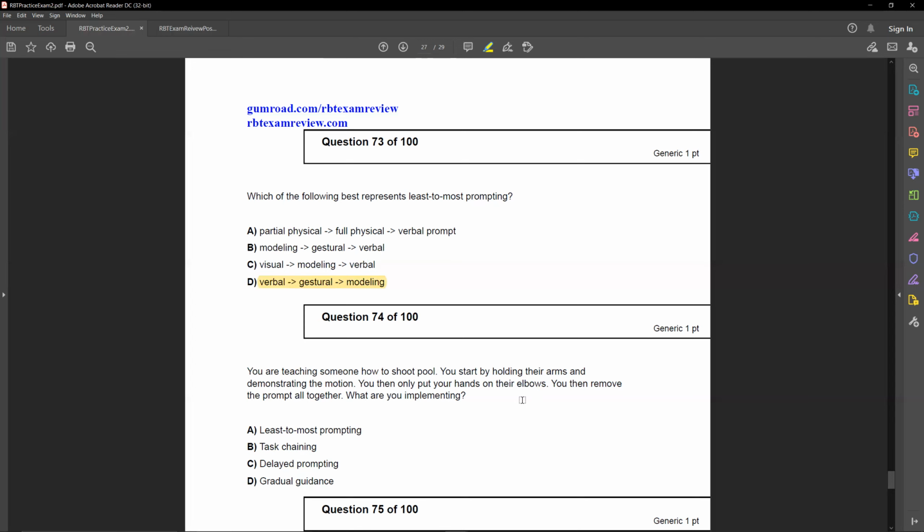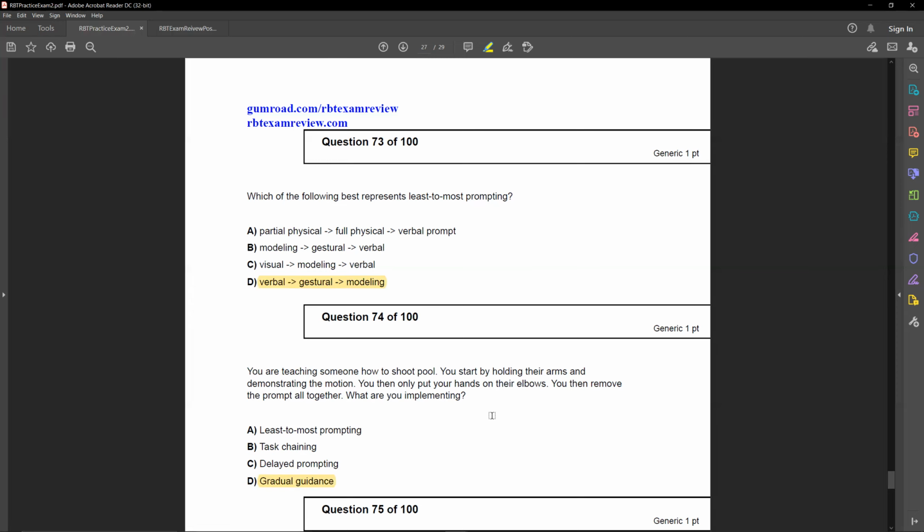So that leaves us with what? D, gradual guidance. So you could always do this, process of elimination, if you don't know gradual guidance. However, it would be easier and you could answer this question much quicker if you just knew what gradual guidance was, okay? And gradual guidance, right, is introducing physical prompts as needed and fading physical prompts as soon as possible, okay?